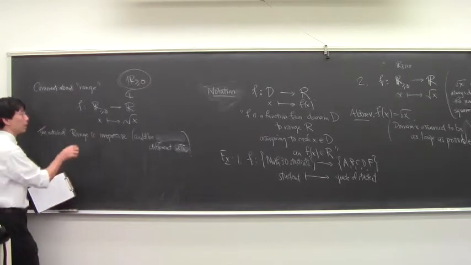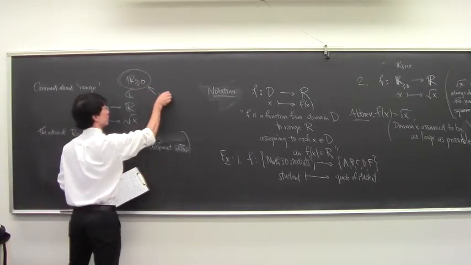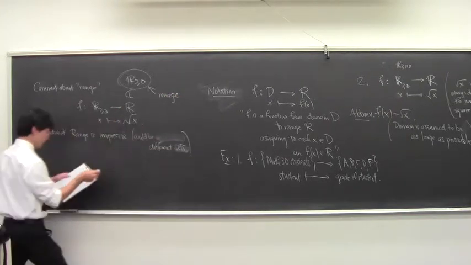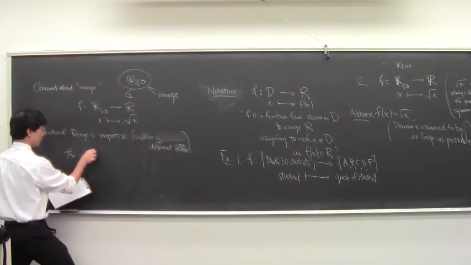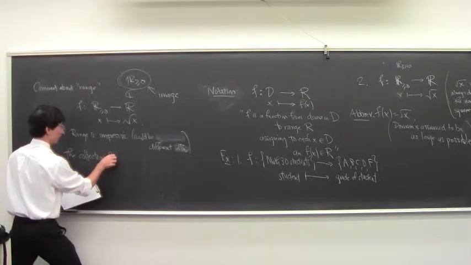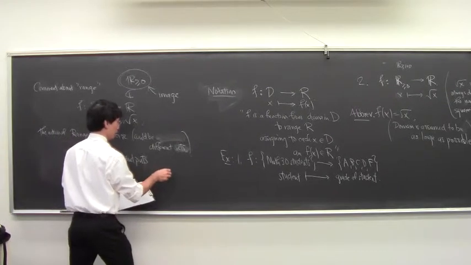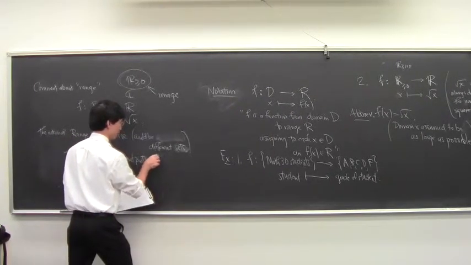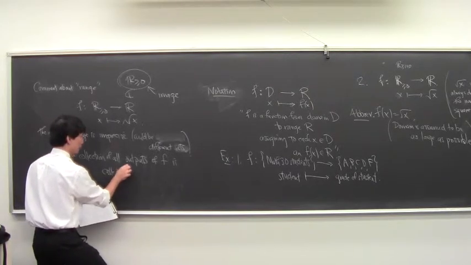Now this thing is actually called the image. The collection of all outputs of f is called the image of f.